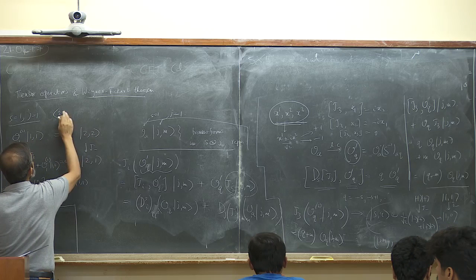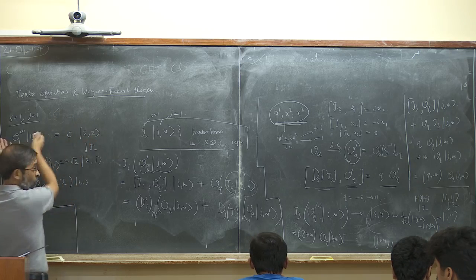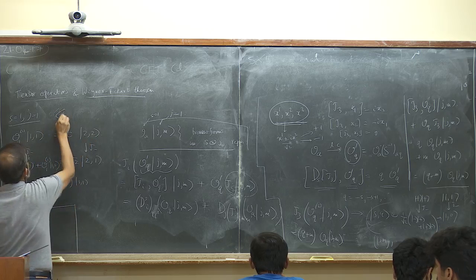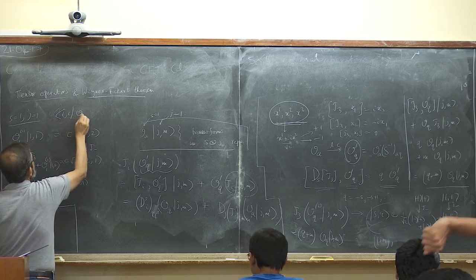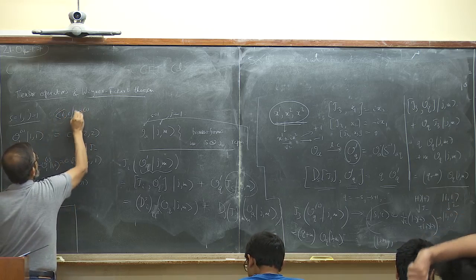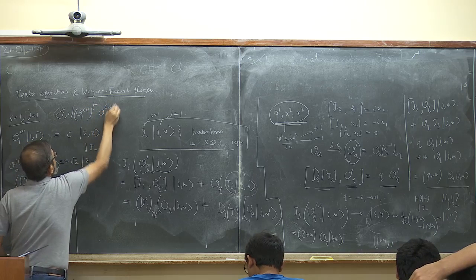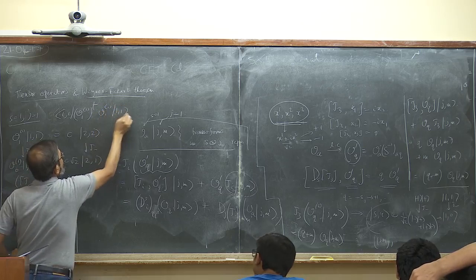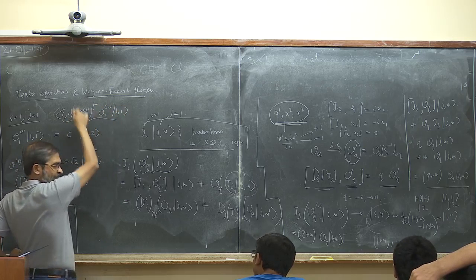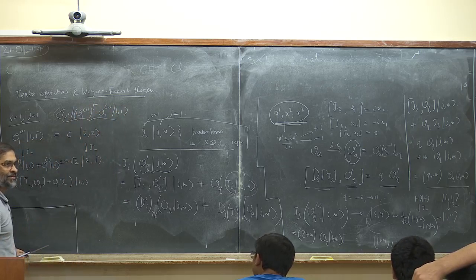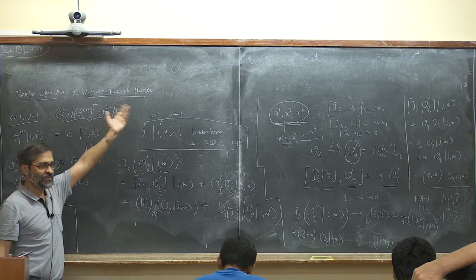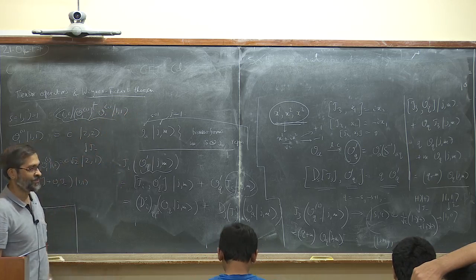You take the norm square of this: 1, 1, O1 dagger, O1, 1, 1. Because of the existence of this operator in the middle, it's not 1. It's some number. That number is C.